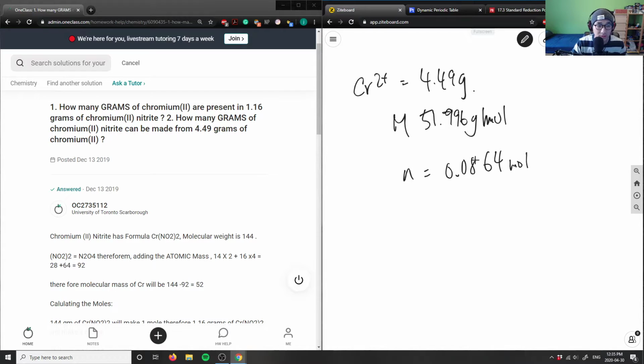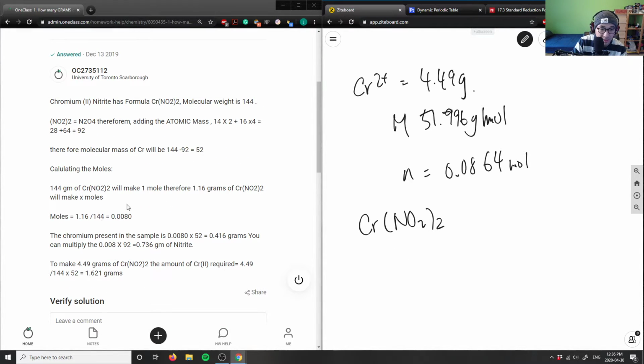And what I could do is go back to my chromium nitrate here. Again, my chemical formula for that would be Cr(NO2)2, right? So if I have 0.0864 moles of chromium here, I can also figure out how many moles I have of this nitrite group here as well.